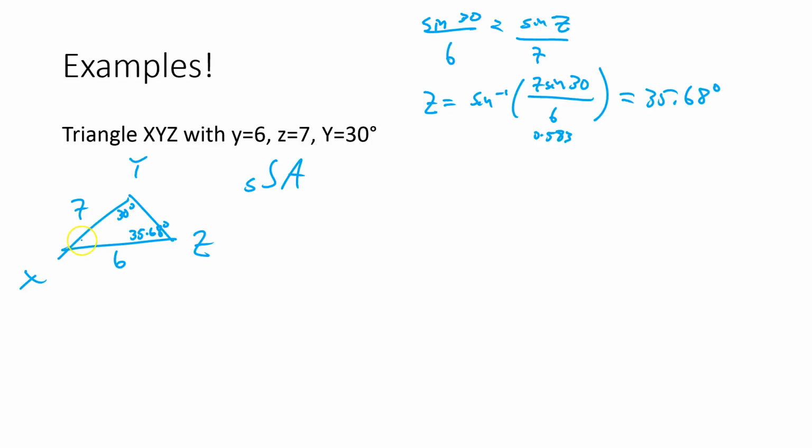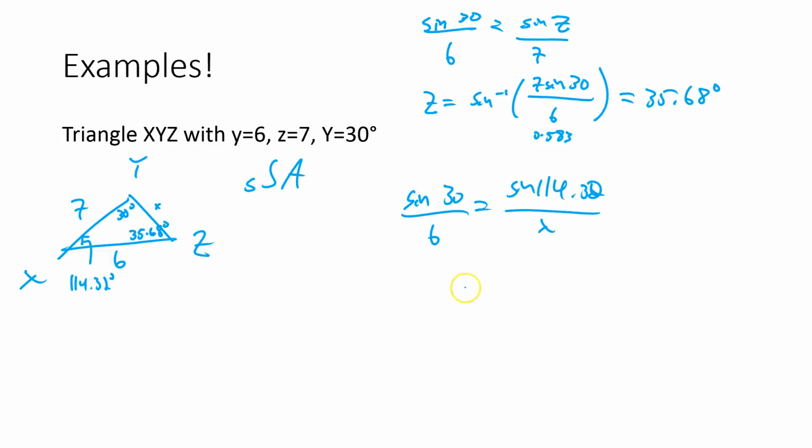So now we're going to finish out this triangle. I can find the last angle, angle x over here, by subtracting everything from 180. So I'm going to do 180 minus 30 minus 35.68. That gives me 114.32. So this guy right here is 114.32 degrees. And then I'll find my last side by using law of sines again. So I'll have sine of, let's use 30, over 6 is equal to sine of 114.32, divided by x, little x right over here.